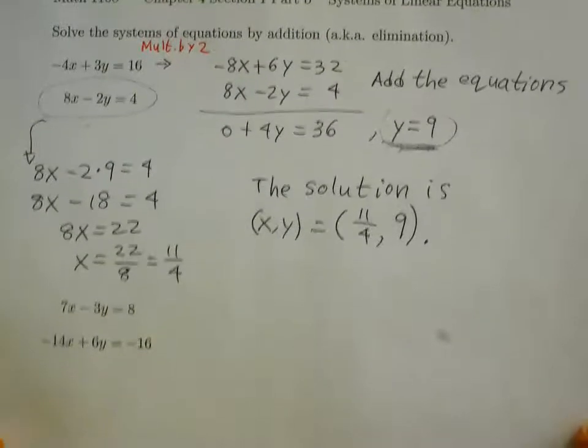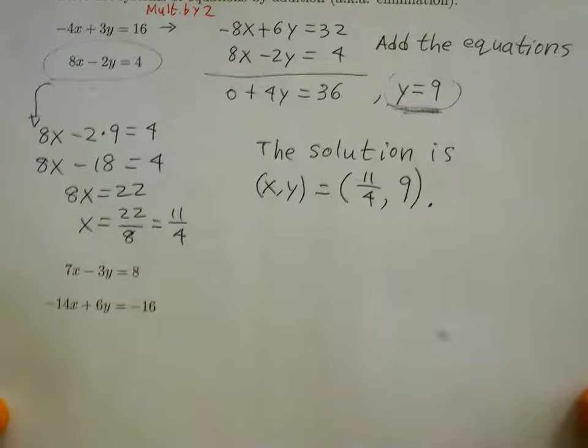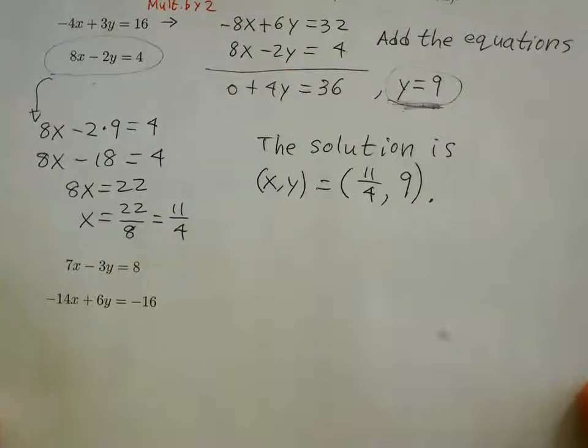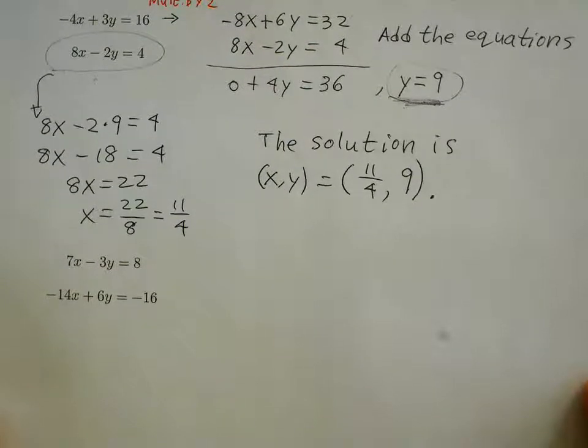Okay, the second system here: 7x minus 3y equals 8, and negative 14x plus 6y equals negative 16. So let's use the addition method again, also called elimination. So we always have multiple choices.